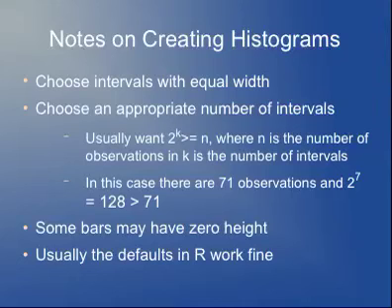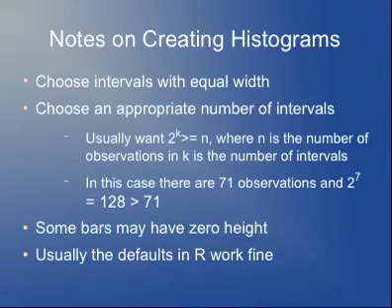For practical purposes, if you just use the histogram command in R, it will choose the number of bins automatically, and it's been optimized pretty well, so it almost always gives you a good histogram if you just use the defaults in R. In fact, I can remember only once in my entire life where I've had to tell R to override the defaults, and that was just because I was working with a collaborator who was really picky about this sort of thing.